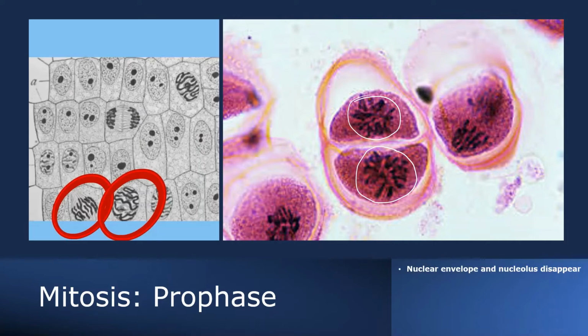So the major events here: the nuclear envelope, the thing that surrounds the nucleus, the double membrane, and the nucleolus, any globs of RNA in the center, will vanish from the cell. They're going to reappear later, but we've got to get the chromosomes, that is the genetic material, out of the nucleus. So the nuclear envelope evaporates.